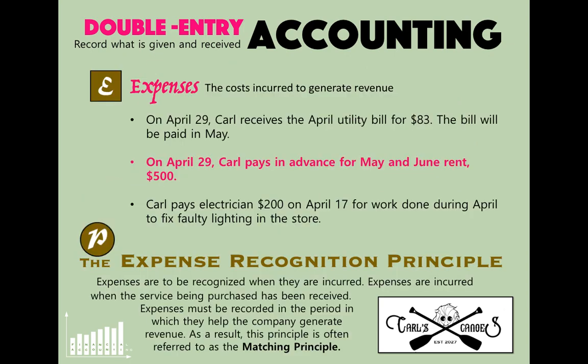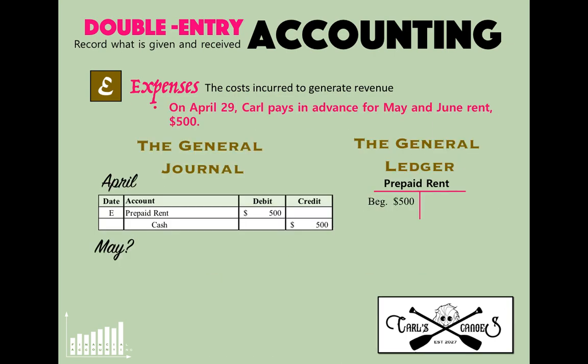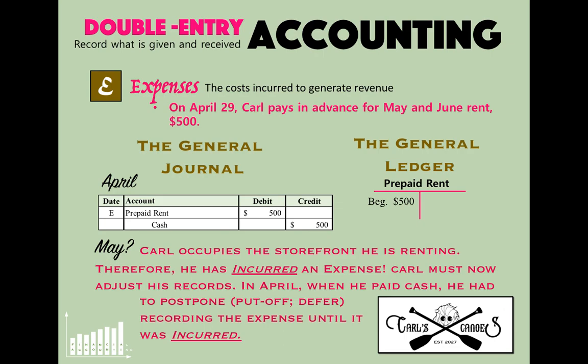Now, Carl also had some expenses in April. On April 29th, Carl pays in advance for May and June rent for $500. So, what did we do with that one? In April, he recorded prepaid rent, which is not an expense at all, right? It is an asset account, prepaid rent. Why did he do that? Well, Carl occupies the storefront he is renting.